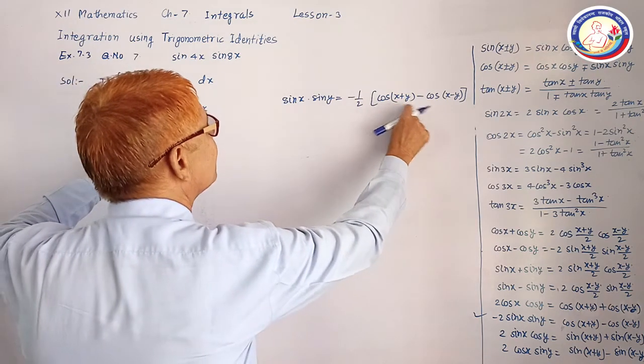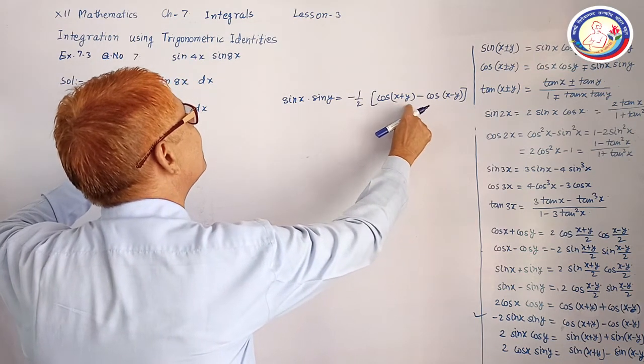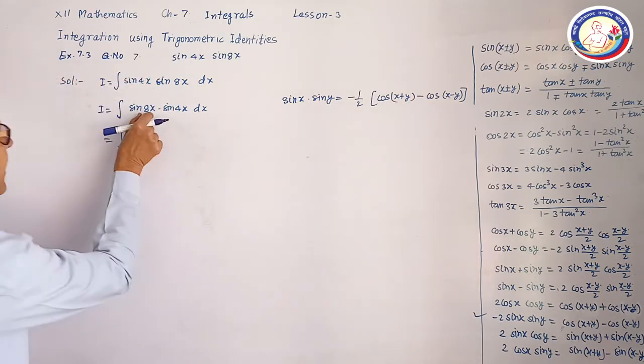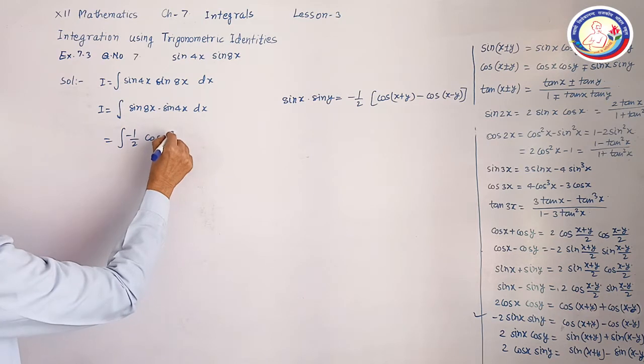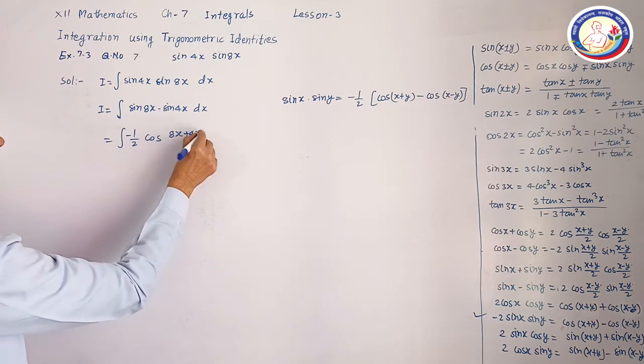cos of the sum of two values. So it is 8x and it is 4x. So cos of what? 8x plus 4x.